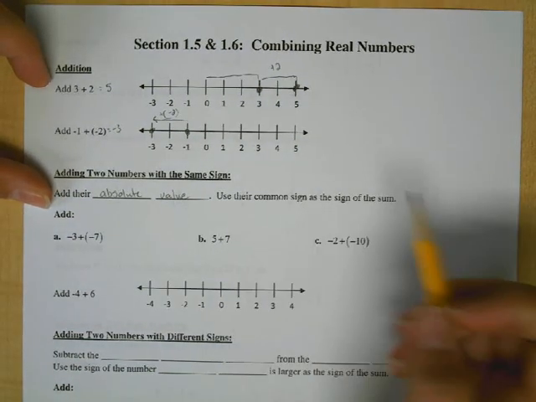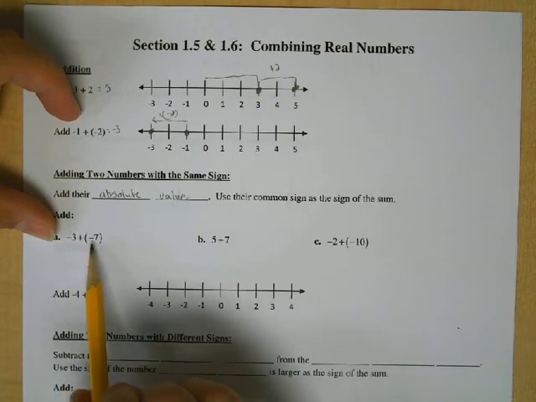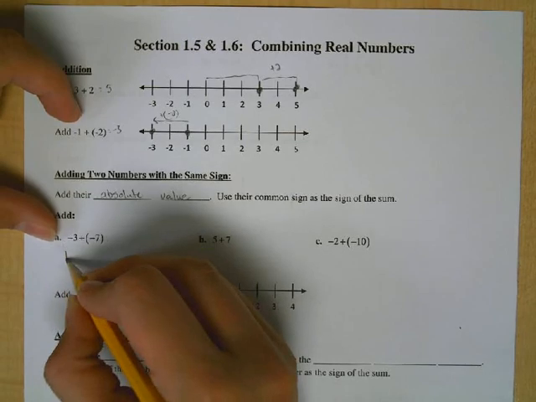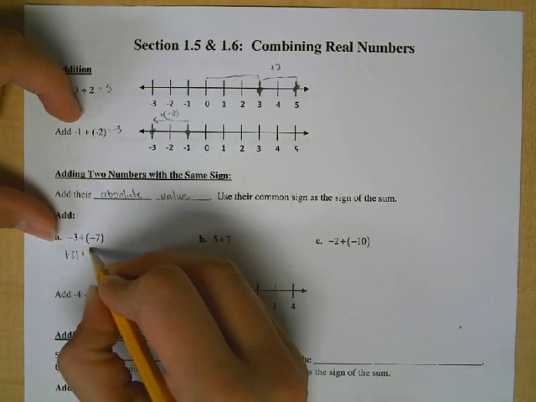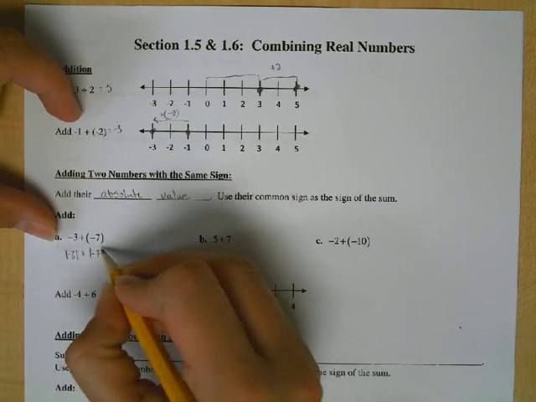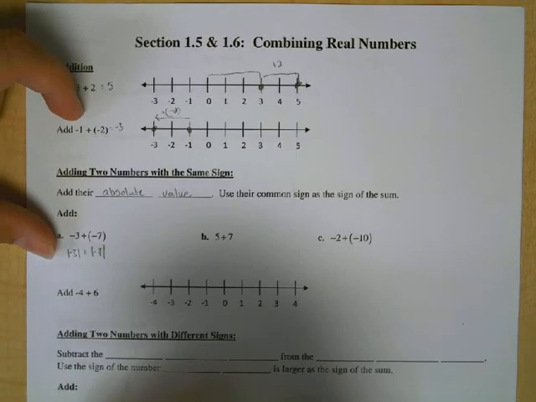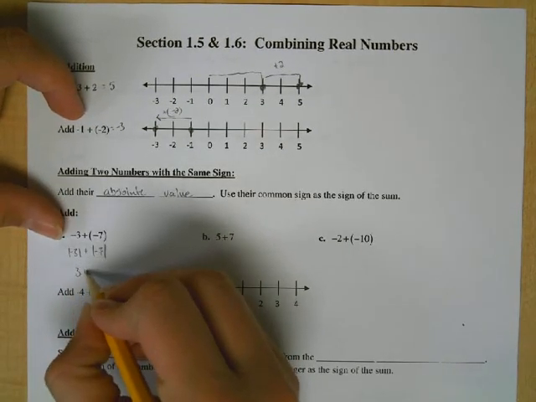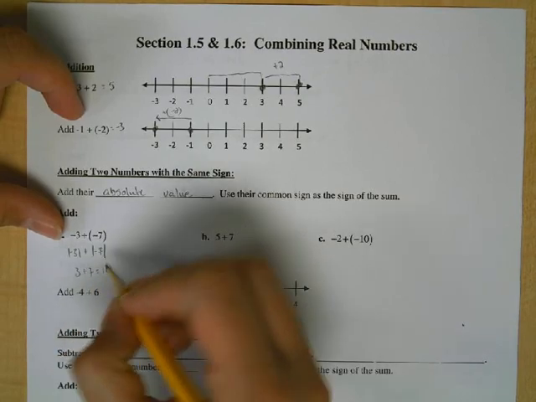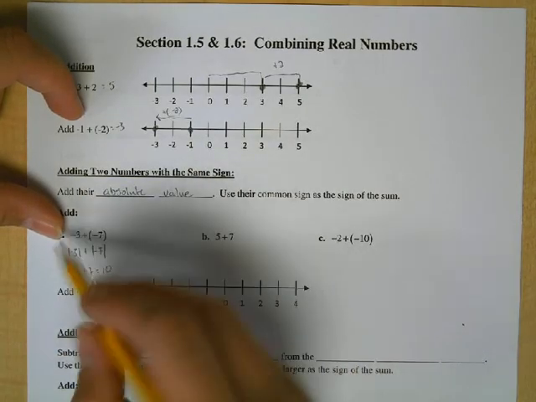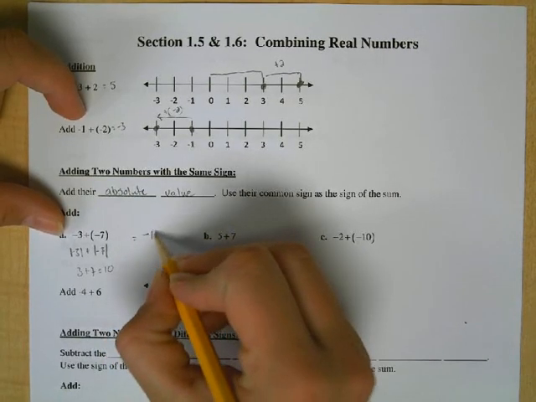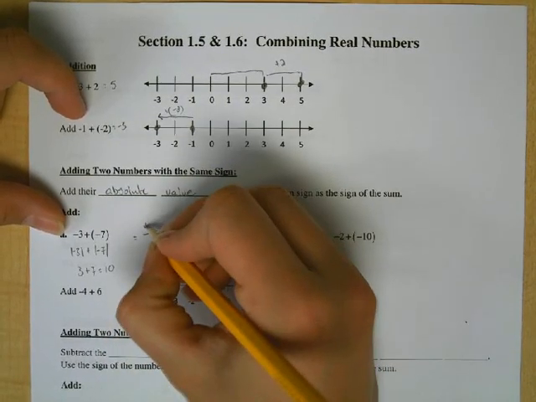So for instance, if they are both negative, you add the absolute values, the absolute value of negative 3 plus the absolute value of negative 7. Now you don't have to write this out every time. This is just conceptually what's happening. So that would be 3 plus 7, which is 10, and you keep the common sign. So they are both negative, so it equals negative 10. Negative because they're both negative.